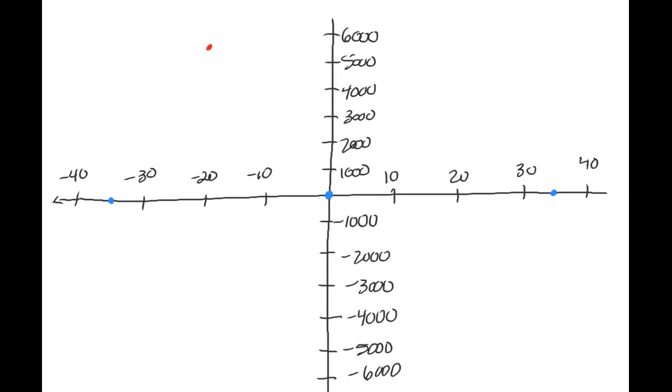So maybe right there, that might be a little too high. Let me put that down a little tiny bit. Maybe right there. A little more like it. And then similarly at 20, negative 5,333 1/3, this graph attains a relative minimum.